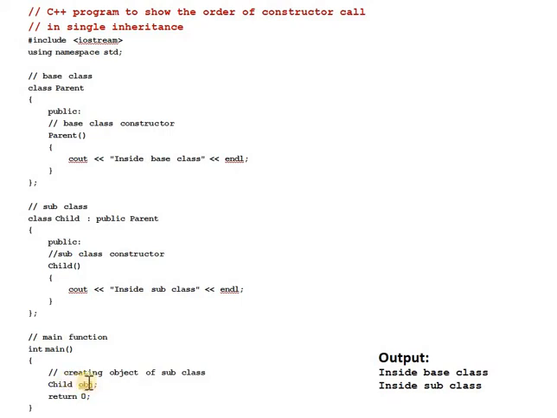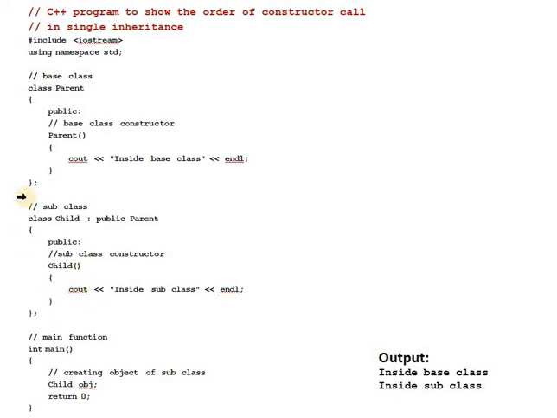Here obj is an object of the child class. Whenever the object is created, the constructors defined in the base class and child class will be called automatically. The constructor of the base class, that is the parent class, will be called first. Then the constructor defined in the child class will be called.